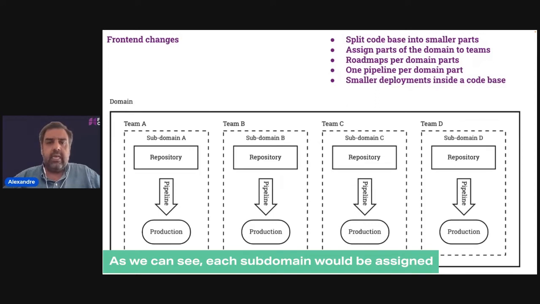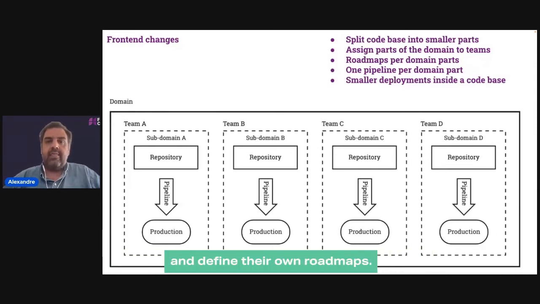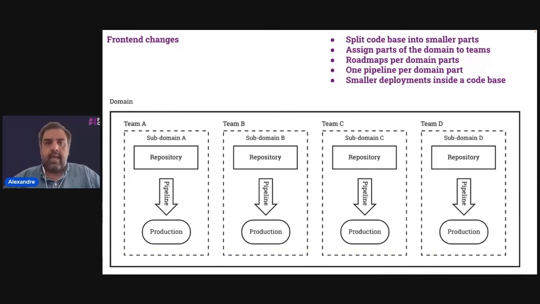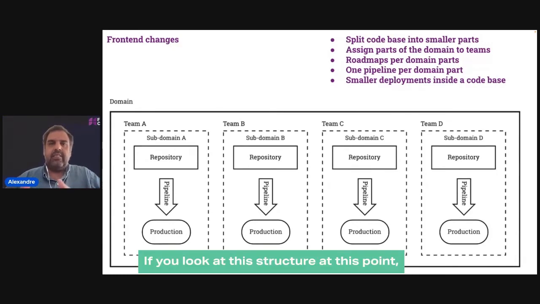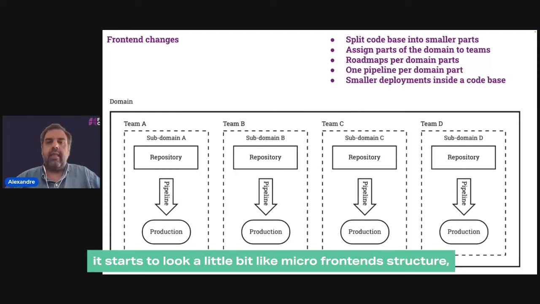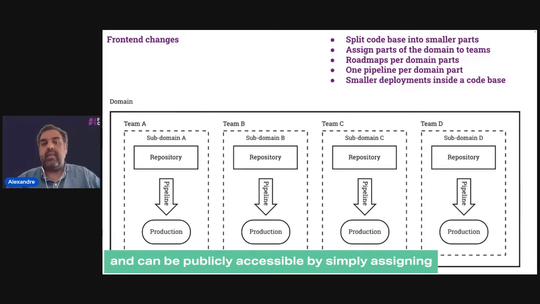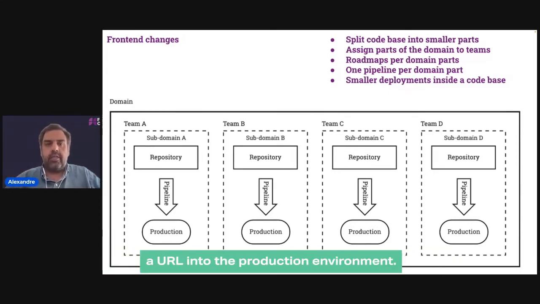As we can see, each subdomain would be assigned to a specific team that would own the repository, define their own pipelines and infrastructure, and define their own roadmaps. If you look at this structure at this point, it starts to look a little bit like a micro frontends structure, where all micro frontends are independent of each other and can be publicly accessible by simply assigning a URL in the production environment.